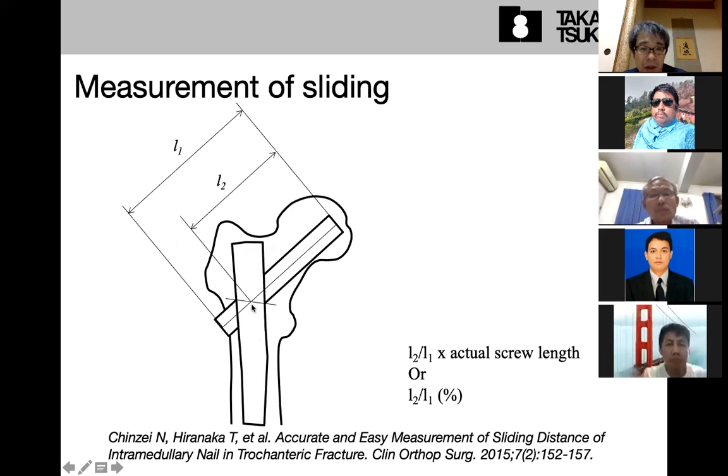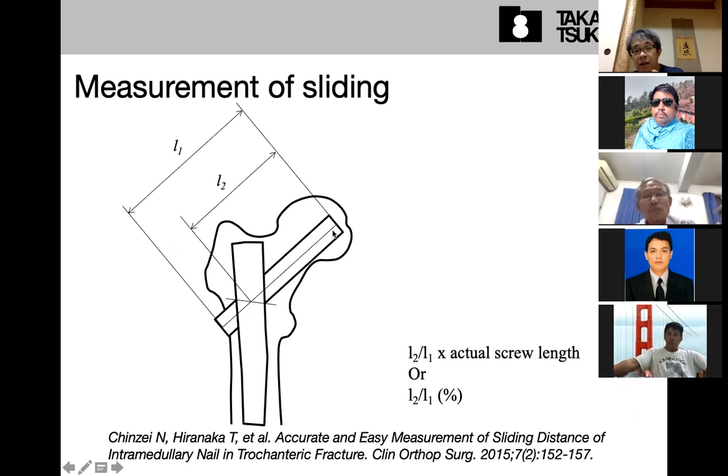This is the total length of the lag screw or blade. Draw a line at the intersection of the lateral end of the IM nail and the superior edge of the lag screw, to this point, the medial edge and lower edge. Then draw the center line of the lag screw or blade, and this is the cross section. Then calculate the distance from the total length and the length from here to here.